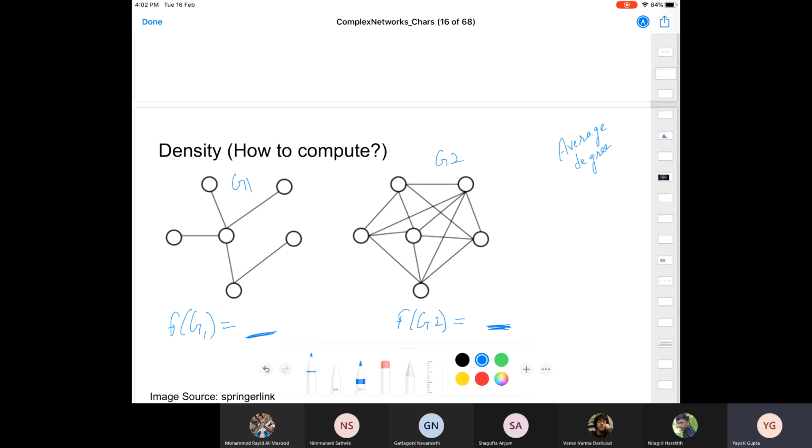Let's say I'm saying that I'm going to take the number of edges here, and now let's say I change my first graph, something like this. So I'm going to extend this graph and add a few nodes and a few edges here.